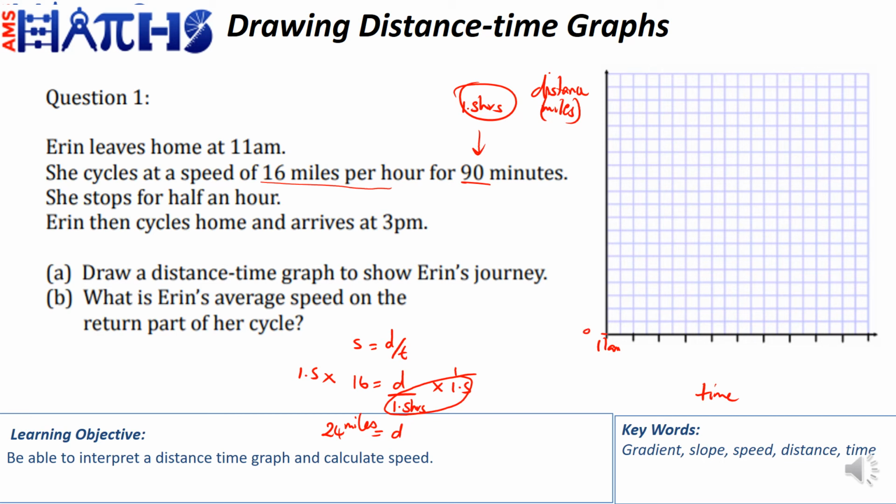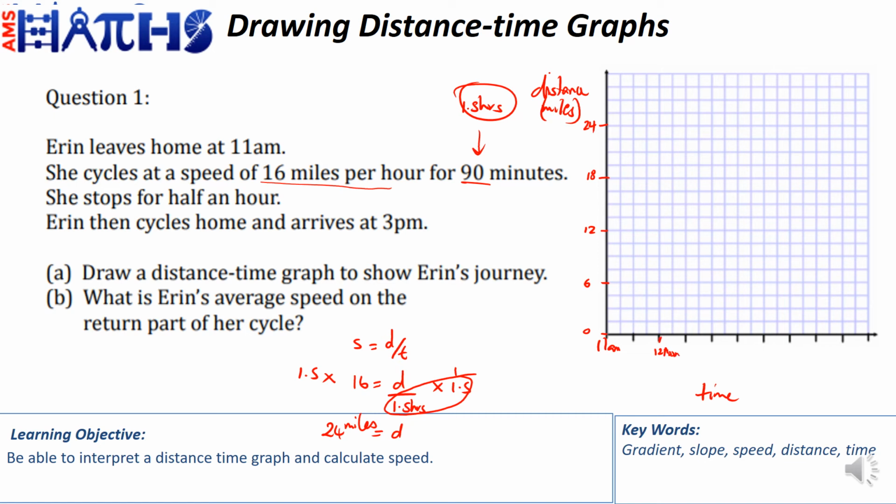So we can mark that there. 6, 12, 18, 24. So that's 24 miles. She does that in 1.5 hours. We need to choose our scale for that to get to 3 p.m. So this is going to be 12 noon.